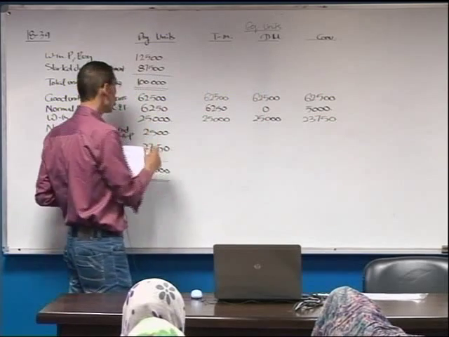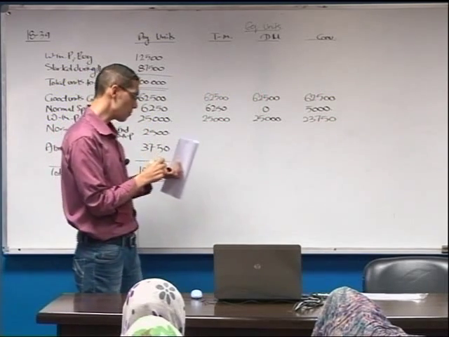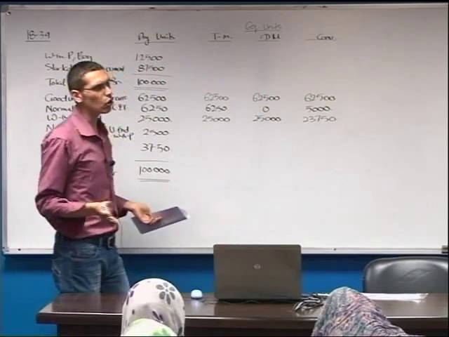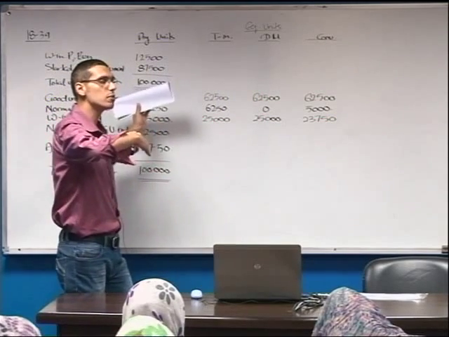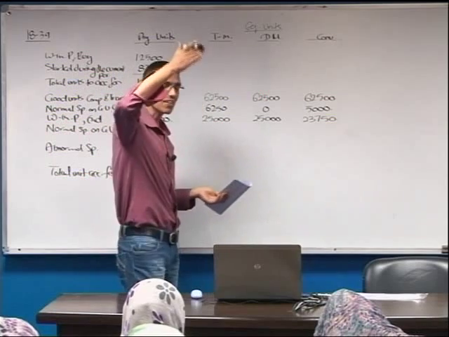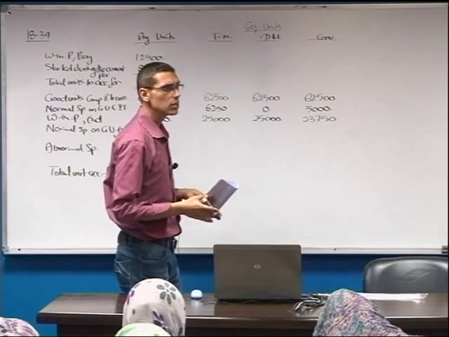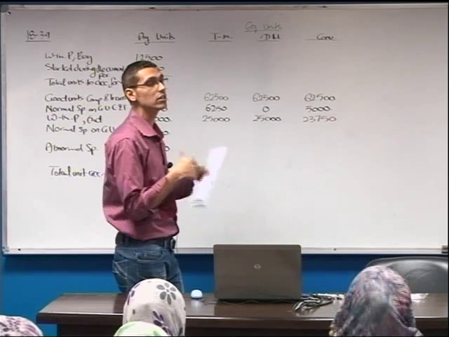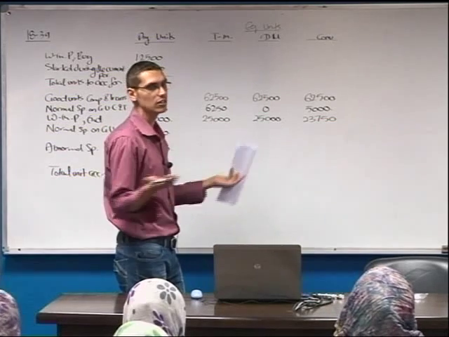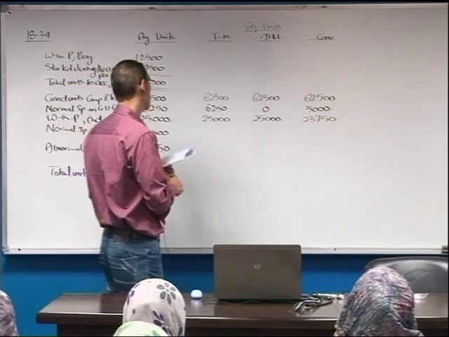Now, for the normal spoilage on the good units from the ending work in process, also as the normal spoilage before, they stopped at 80% of completion. Therefore, they took 100% of transferred in, only 80% of conversion costs, and nothing from the direct materials.